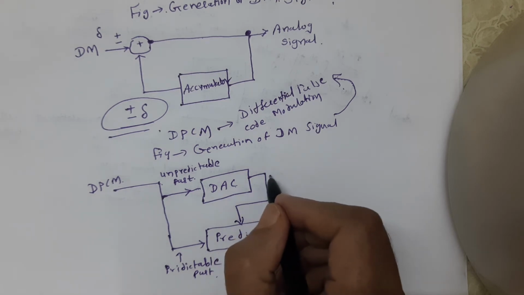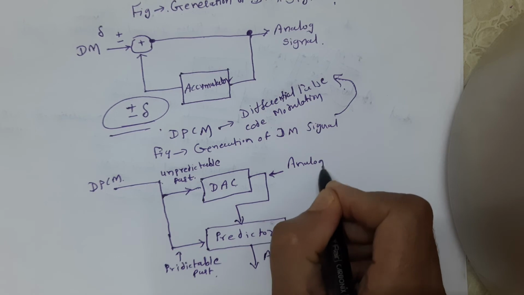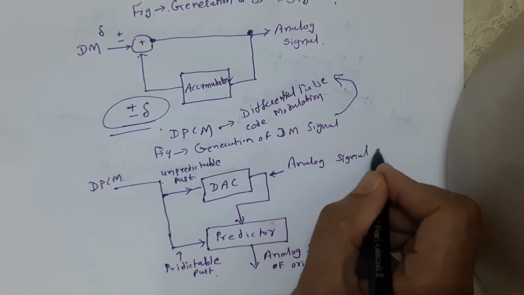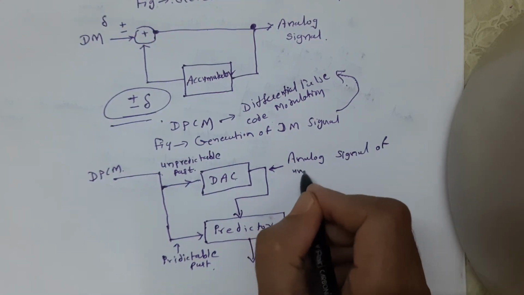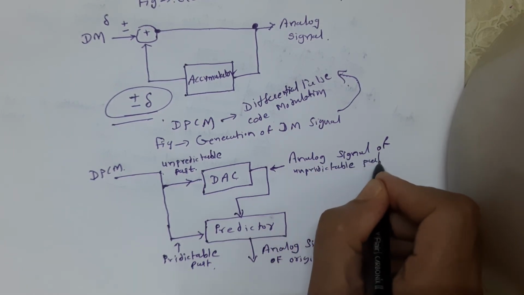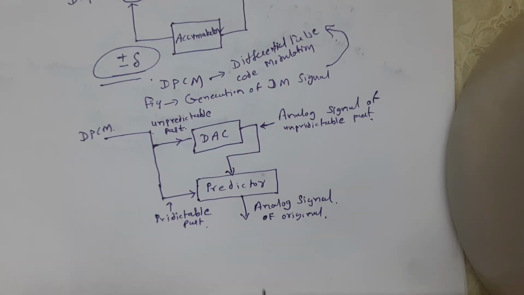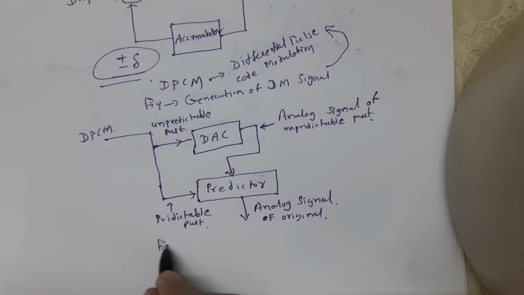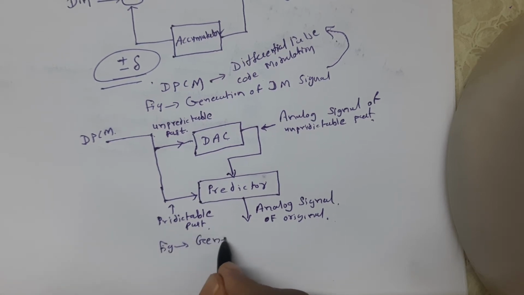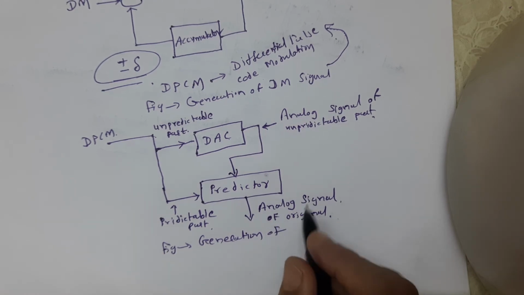The output of DAC is nothing but the analog signal of the unpredictable part. So this figure is the generation of DPCM signal.